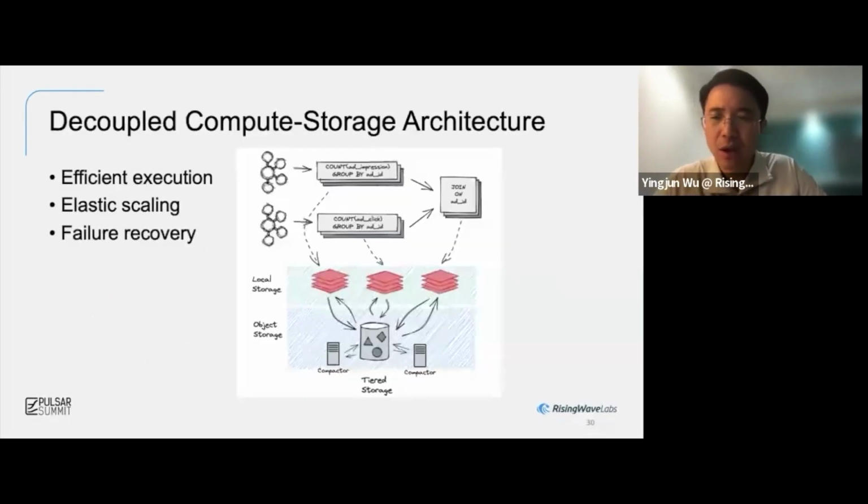Well, let's talk more about the technical depths. Let's talk more about the technical stuff in RisingWave. As I mentioned, conventional stream processors adopt a coupled computing and storage architecture, meaning that the system essentially shuffles the shards of streams using some hash partitioning mechanisms into different machines, and every single machine will process its own streams.